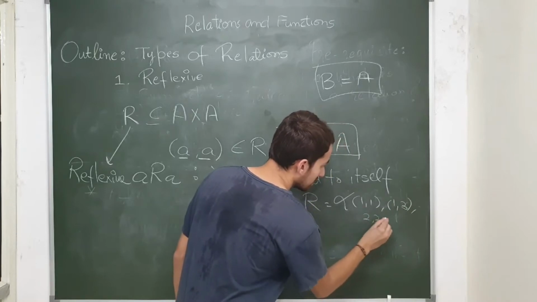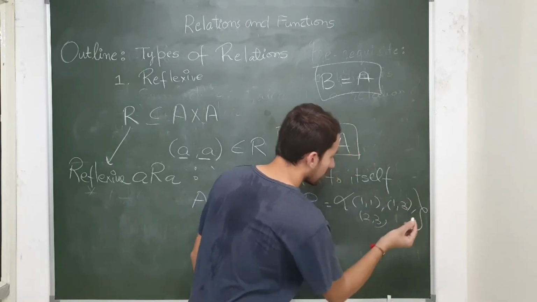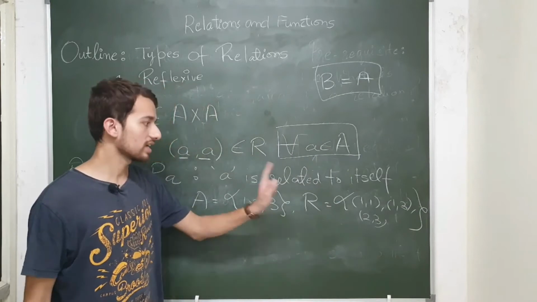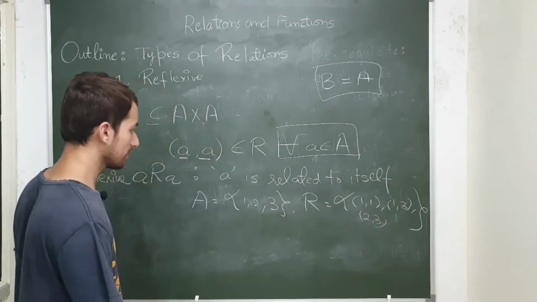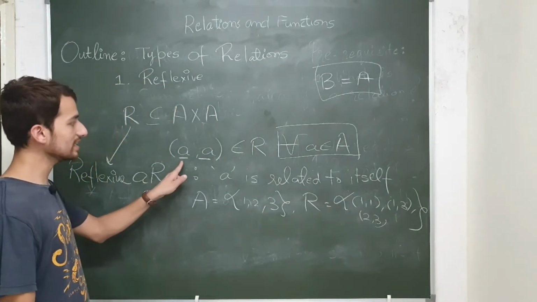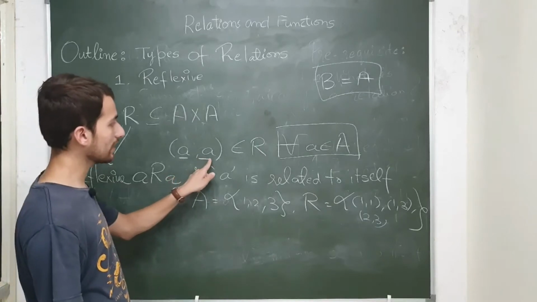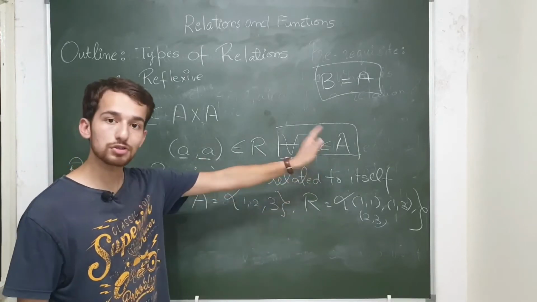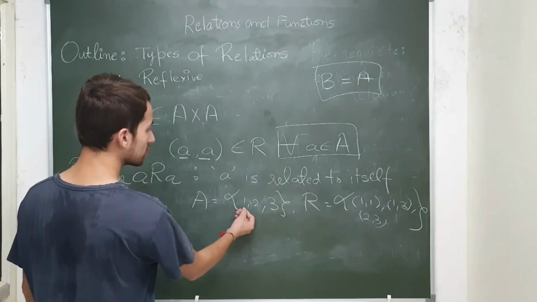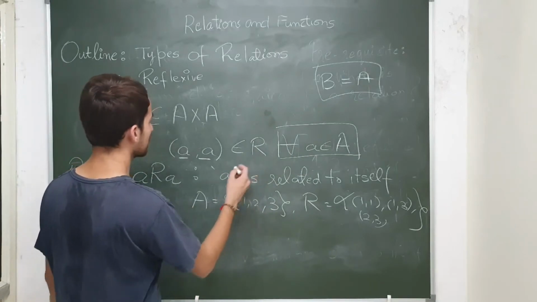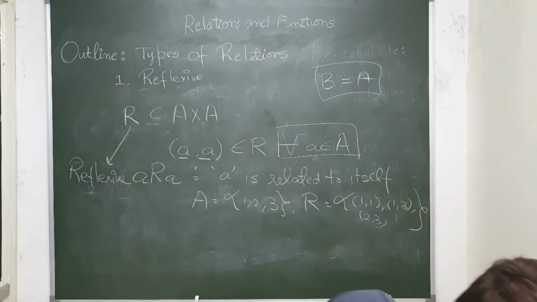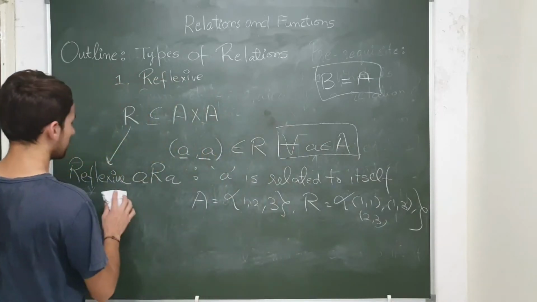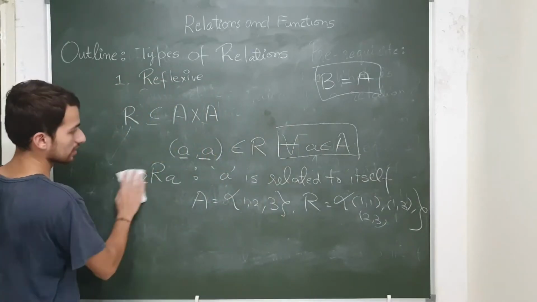Suppose these three ordered pairs we have in the relation R. Now if you observe here, this property says that (a, a) belongs to this relation for every choice of a. What are the possible choices of a? These are the possible choices we have.